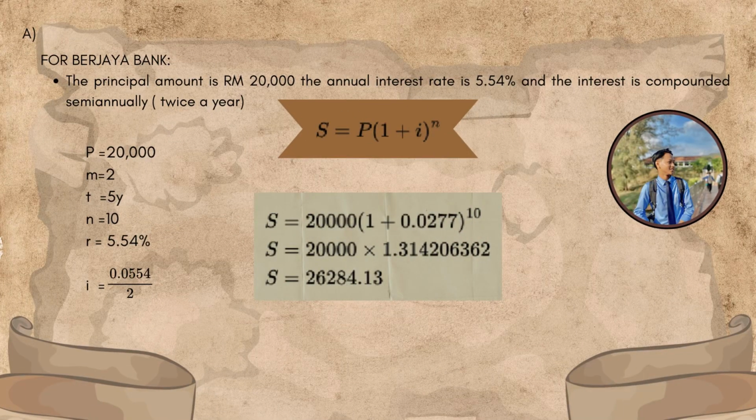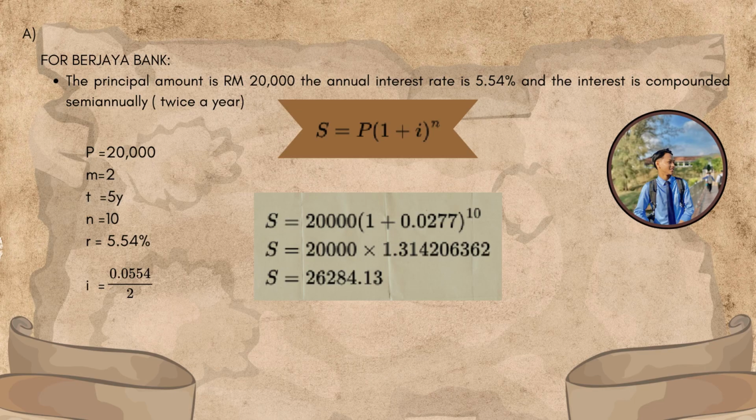In case study 1, question A, the principal amount is 20,000 and the annual interest rate is 5.54%, and the interest is compounded semi-annually. Now we bring out the information. P equals 20,000, m equals 2, t equals 5 years, n equals 10, r equals 5.54%, and i equals 0.0554 divided by 2.